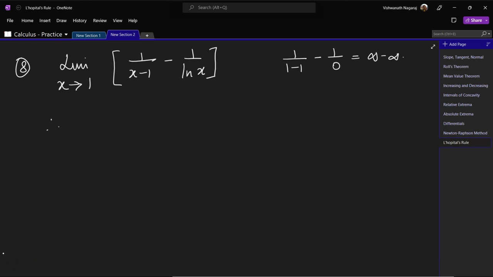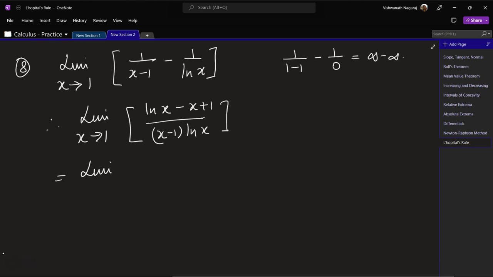So which means we have to manipulate this in some way. So, limit as x approaches 1 of, let's take the LCM, x minus 1 natural log of x. This becomes natural log of x minus x plus 1. Now limit as x approaches 1 of, what do we do here?